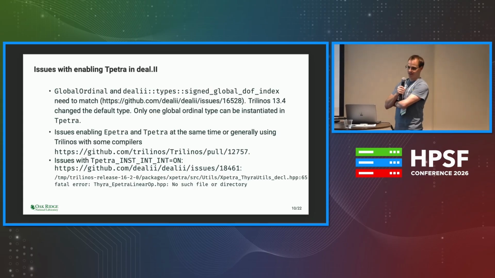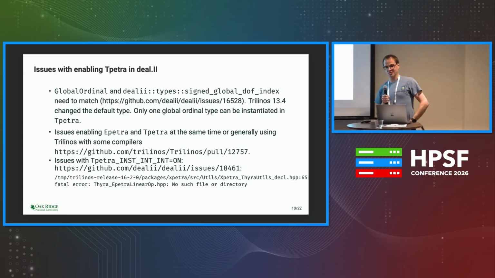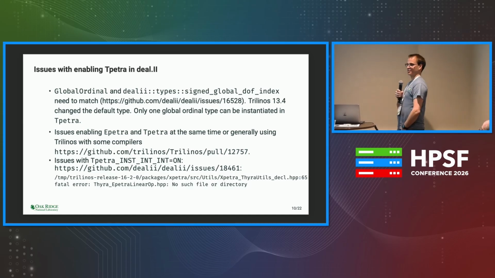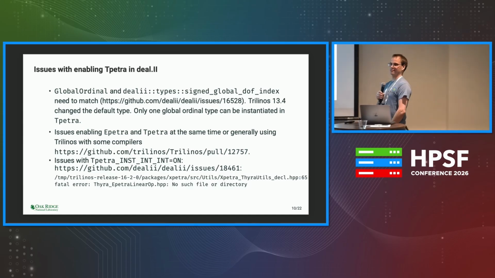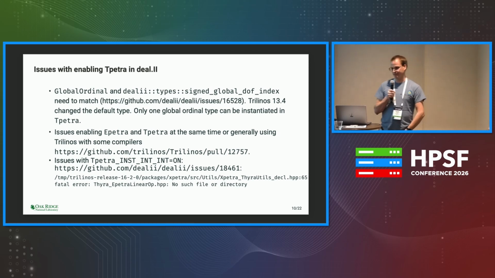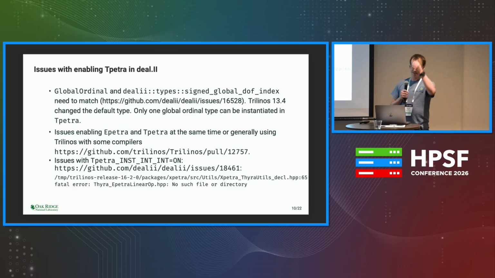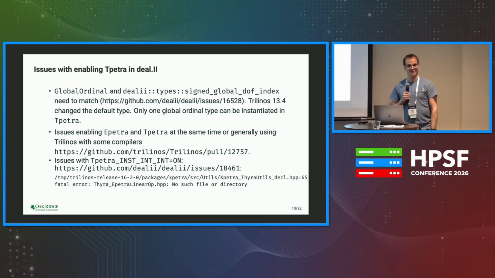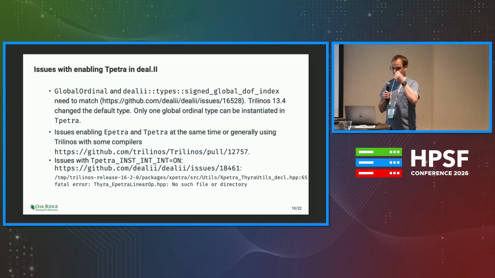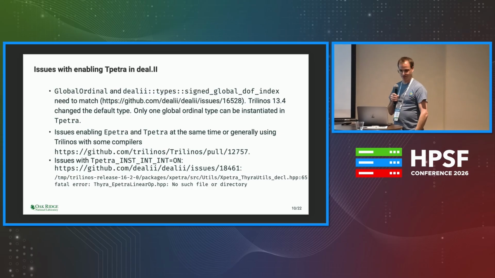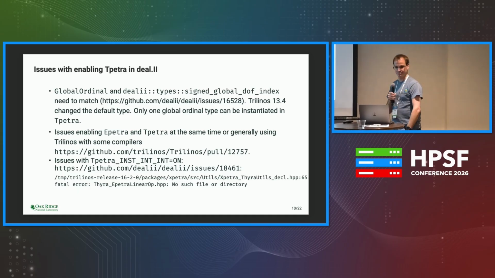For example, starting at the bottom, enabling Tpetra int with Tpetra and Epetra gave us interesting issues in Xpetra, where a Thyra header was not found. I heard that Trilinos is interested in doing patch releases, so that's why I think we should report this one, which I didn't report yet.